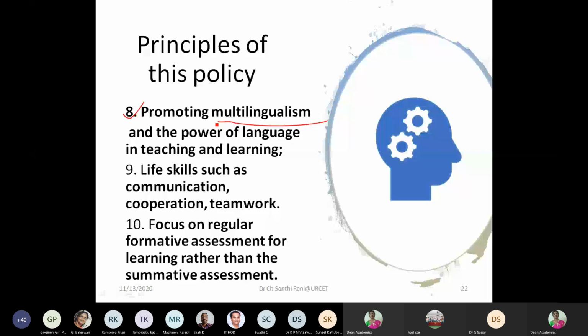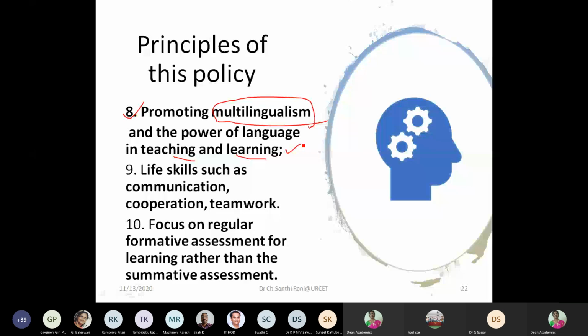So the power of language in teaching and learning is going to play a very important role. You know, we have introduced the English language and English language lab, and there we are teaching them how to learn the language, how to impress others in English when they work in multinational companies, how they have to communicate with their higher officials. All this we are teaching them in English, and students are feeling a little bit of difficulty.